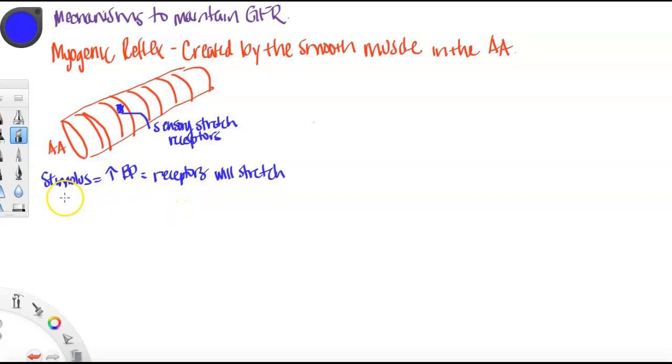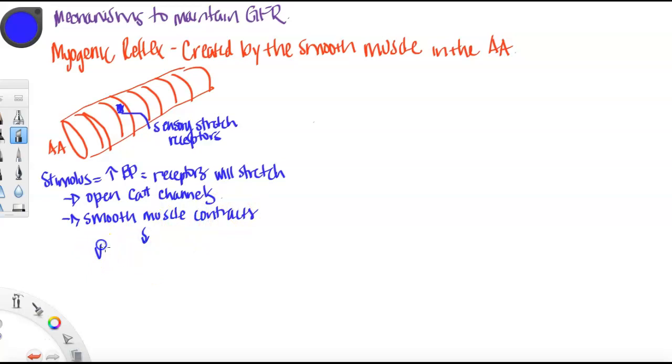So when that happens, those receptors open calcium channels. And when calcium channels open, we get smooth muscle contraction. And that basically is vasoconstriction.